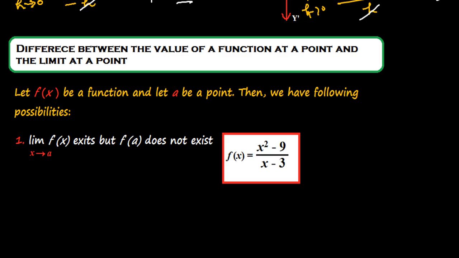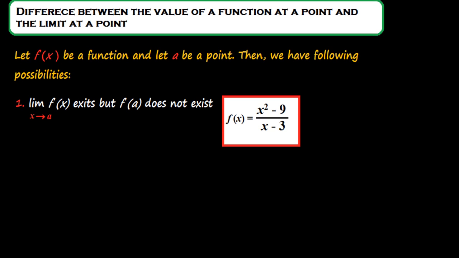Now we see the difference between the value of a function at a point and the limit at a point. Let f of x be a function and let a be a point, then we have the following possibilities.